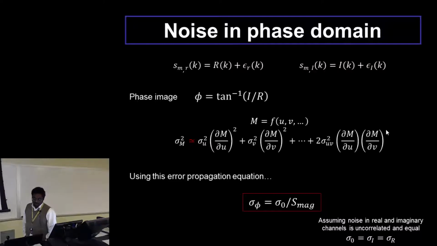Once you do that carefully, sticking to the same assumption that the noise is equal in the imaginary and real channels, with noise standard deviation equal to sigma naught, your noise standard deviation in the phase domain is equal to the inverse of the SNR in the magnitude domain. This is one of the important relations that you want to remember if you're working in the phase domain.